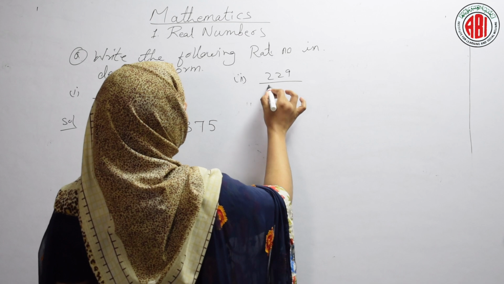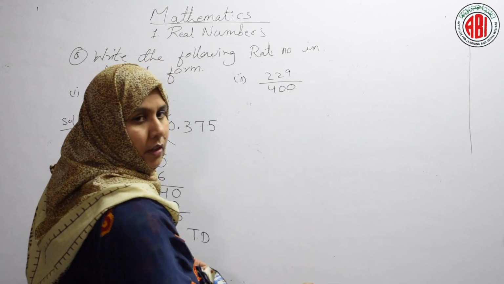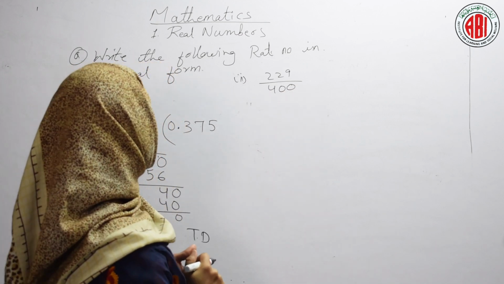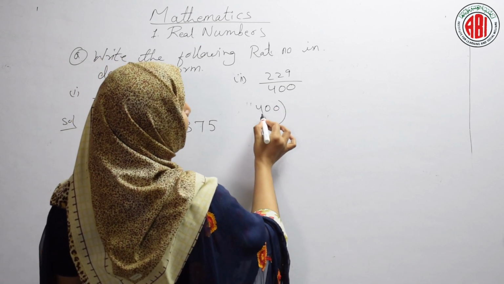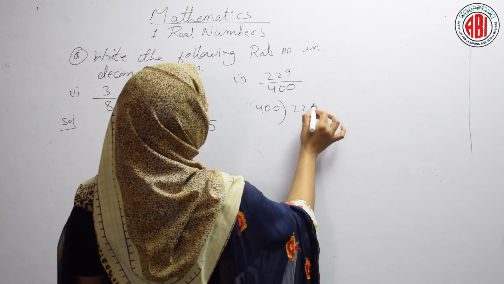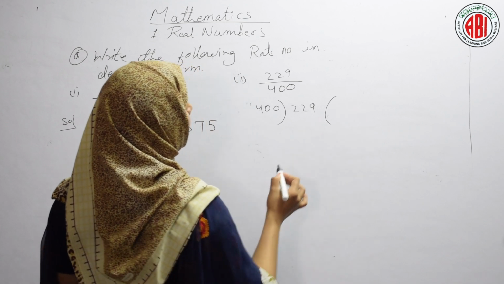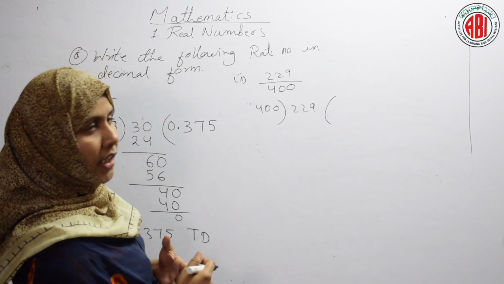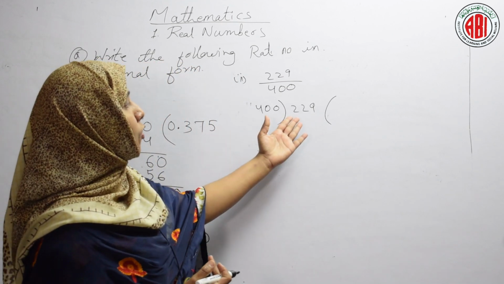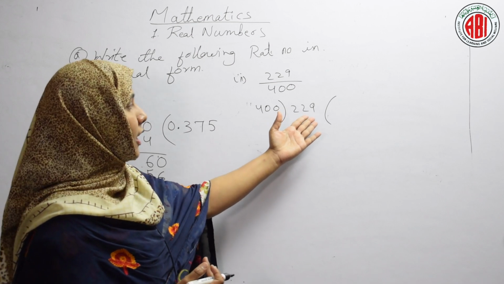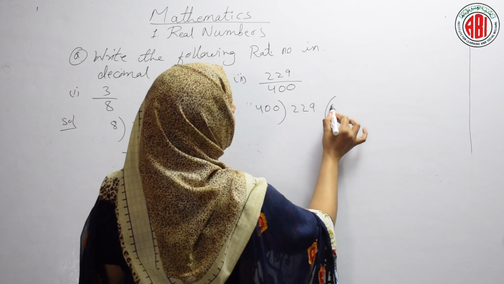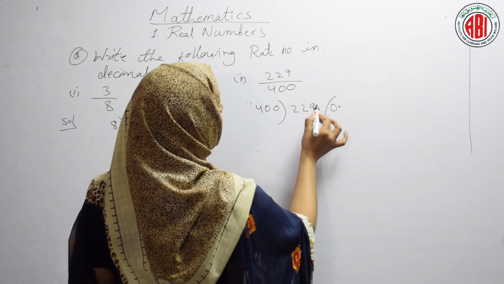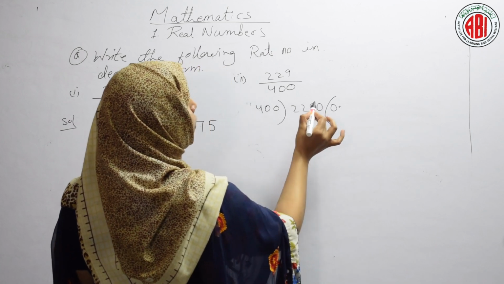229 divided by 400, right. We have another problem. Let us divide this. 400 is the divisor, you should write here, and 229. 400 ones are 400, because 229 is a smaller number, we can't take that. So, what we have to do? Apply 0 point. Okay. So, what are we getting? 2290.